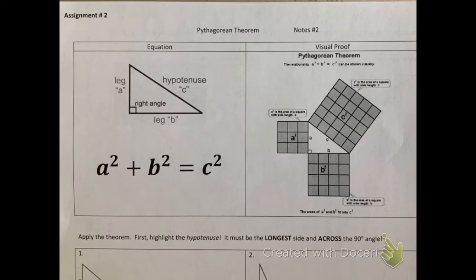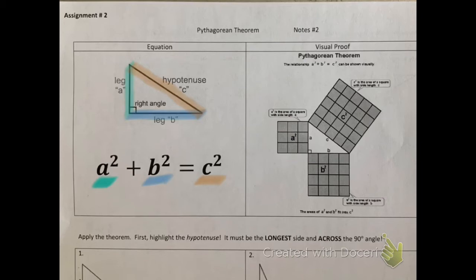So this equation is saying if you take this side length A and you square it, and you add that to this side length B and square it, that total, if you add them together, should get you the hypotenuse side length C squared. So if you look at this visual proof, it shows a numerical proof of the Pythagorean theorem by actually filling in what A squared and B squared are, and that total should equal C squared.